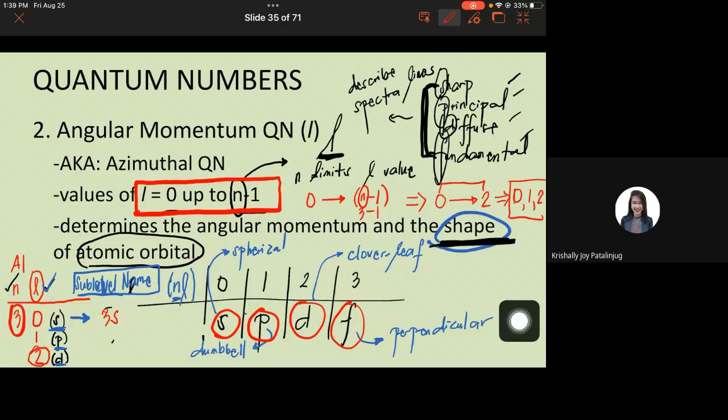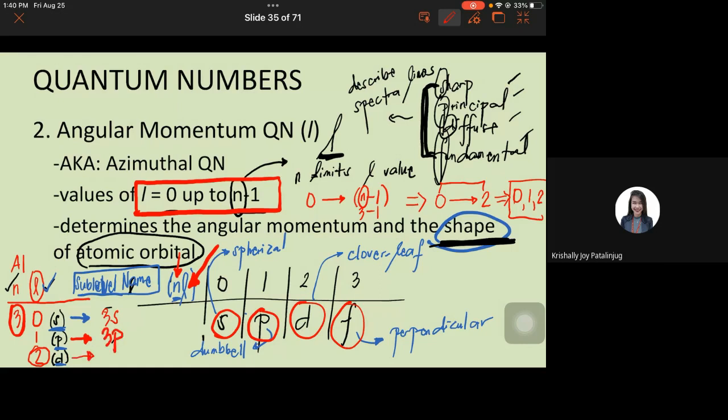Again, for the sublevel name, for the first set, if N is 3 and L is 0, it's 3S. So again, you just need the value of the N and then the letter that designates the L value. If L is 0, it's S. Next, for this given N and L, that would be 3P.